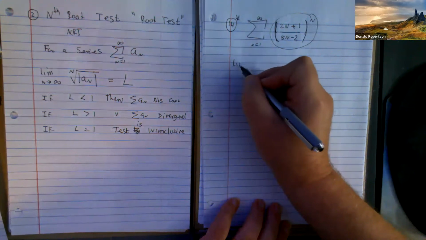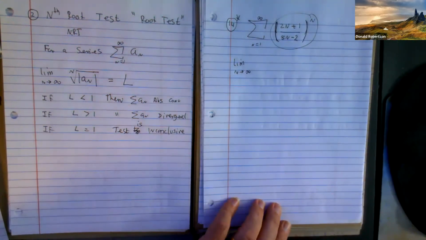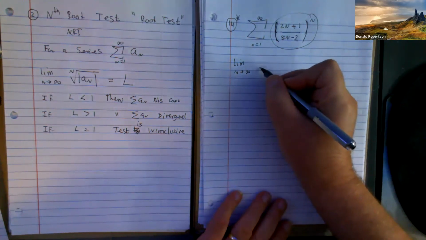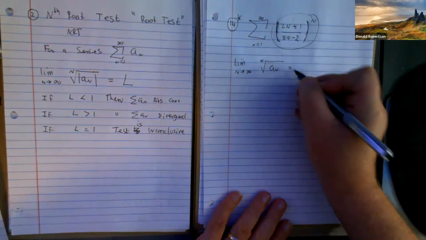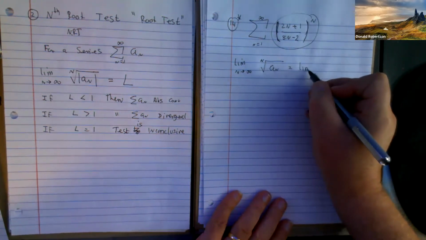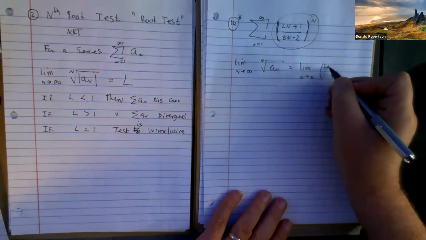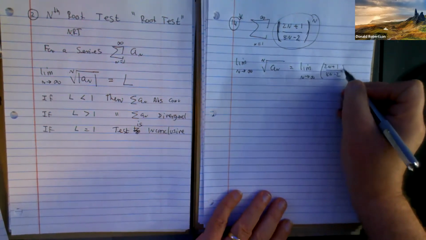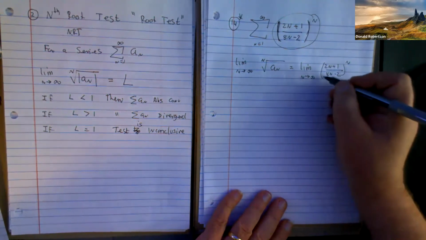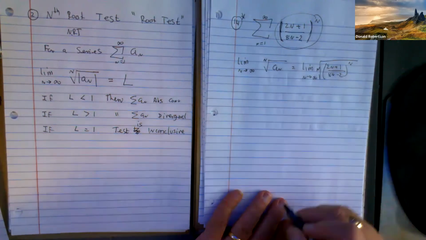So we are going to find the limit as n tends to infinity of the nth root of a_n. So that's going to be the limit as n tends to infinity of ((2n + 1) over (8n - 2)) to the power of n. And we are going to take the nth root of it.